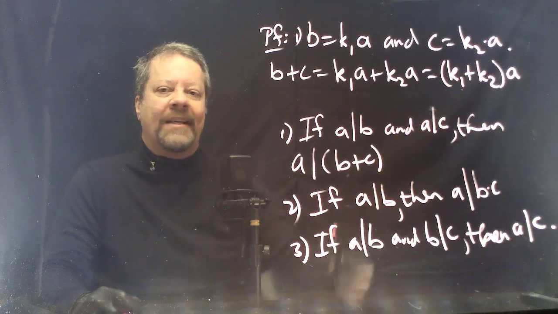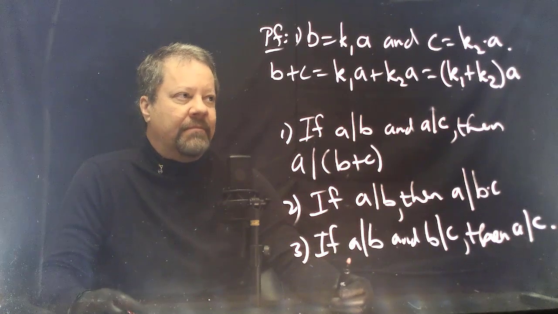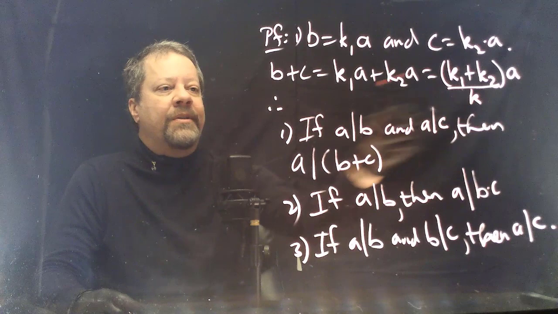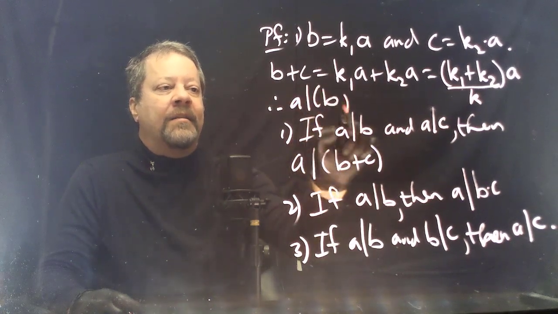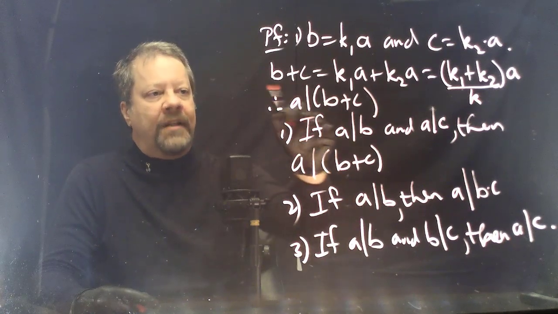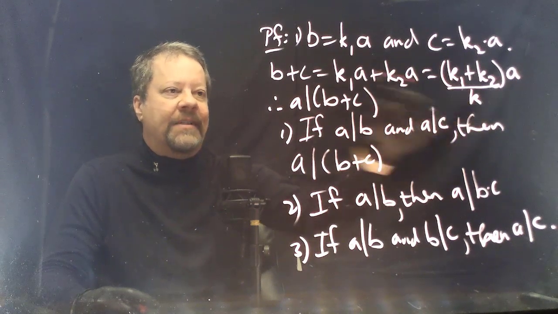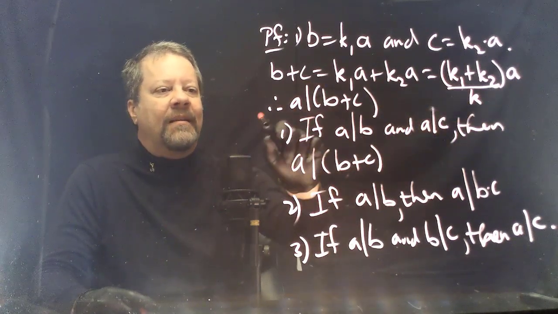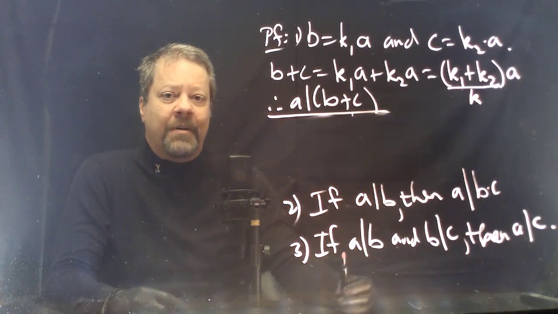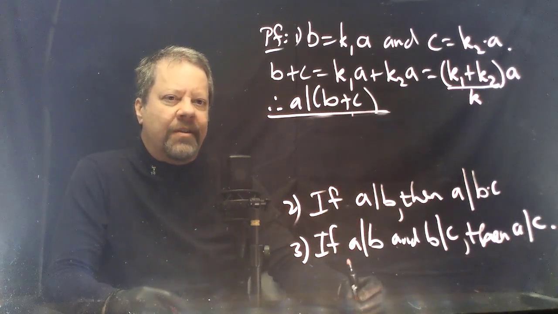And k1 plus k2 must be an integer because the set of integers is closed under addition. Because this is an integer k, we deduce then that a divides b plus c. Keep in mind the definition of divides is a number is divisible by a if there's some constant k, so that a times k is that number. And so that's the end of the proof of part 1. Remember that these proofs almost always go back to the strict definition of the meanings of the terms that we're using.